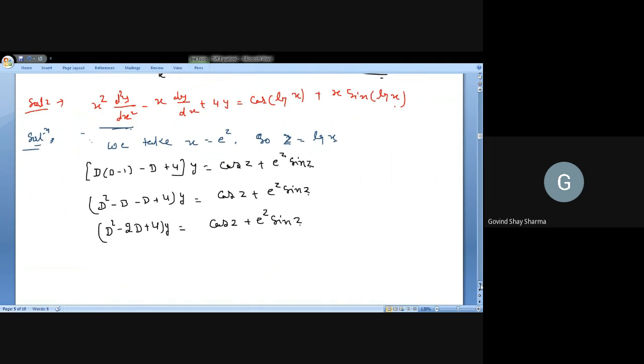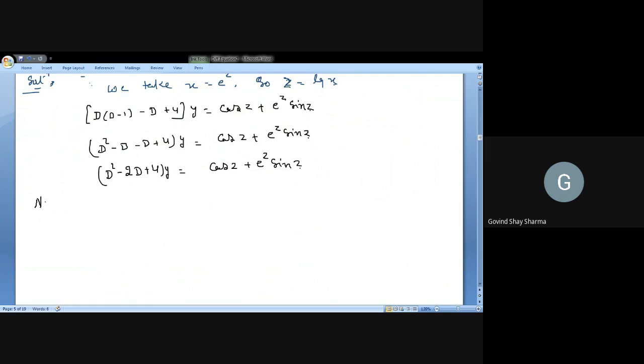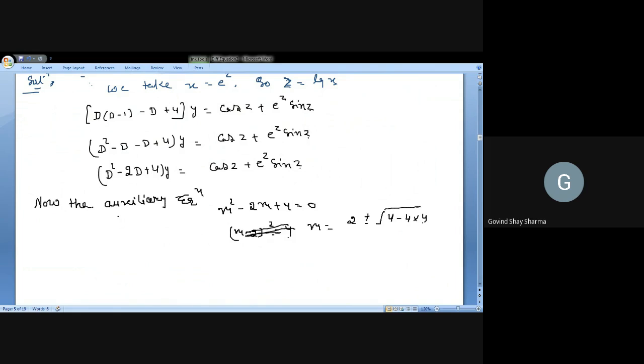Now the auxiliary equation: m squared minus 2m plus 4 equals 0. So m is equal to 2 plus or minus the square root of 4 minus 16, upon 2.